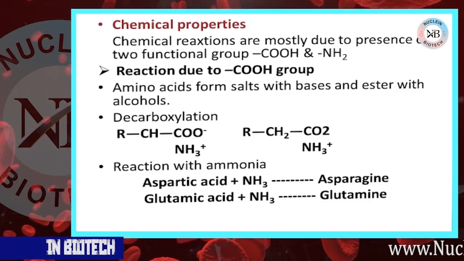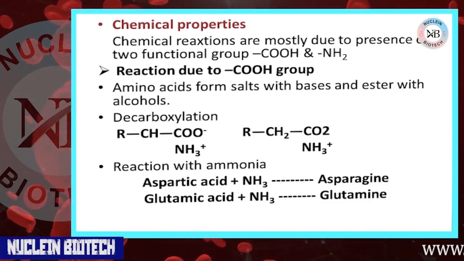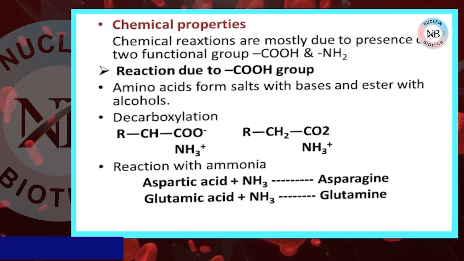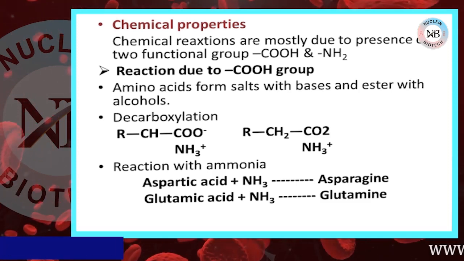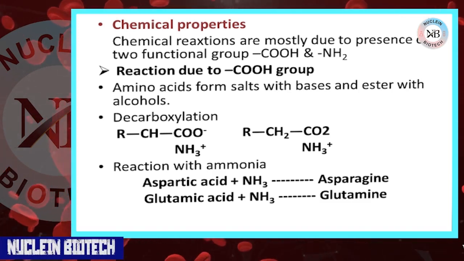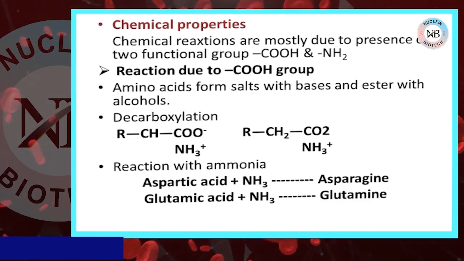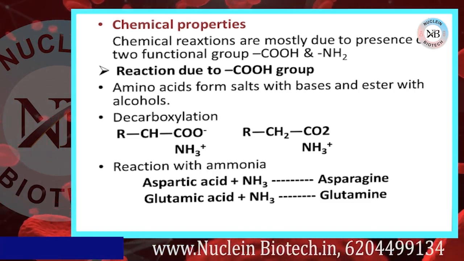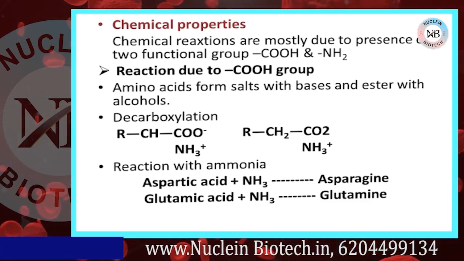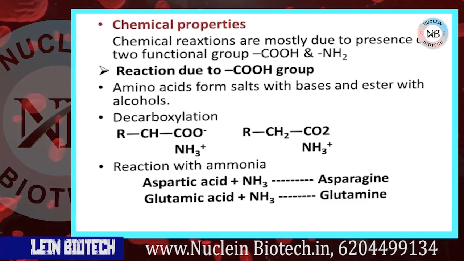Next is decarboxylation. It is carried out in the laboratory, but it takes place by enzyme action in living cells. Decarboxylation is used to produce amines. Some of the examples are histamine and gamma amino butyric acid, known as GABA, from amino acids histidine and glutamate.